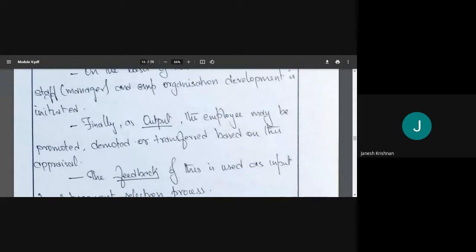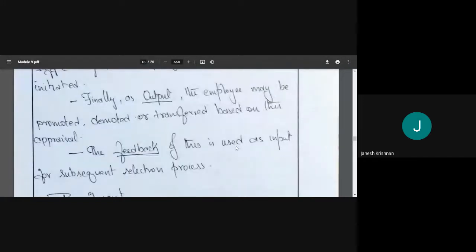Sometimes he might have to be terminated. That becomes the output and the feedback. This feedback is used as the input for the subsequent process.